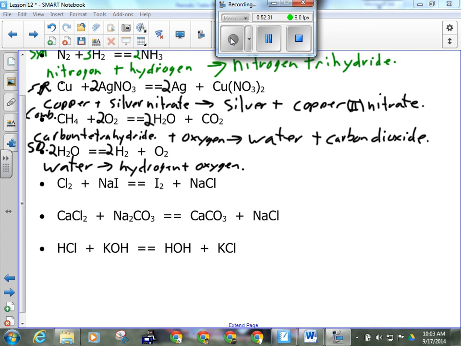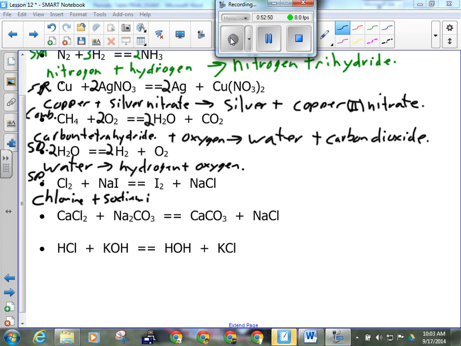In this next one here, I've got an element reacting with an ionic compound to produce a new element and a new ionic compound. That would be single replacement. Written out in words, that's chlorine plus sodium iodide gives iodine plus sodium chloride.